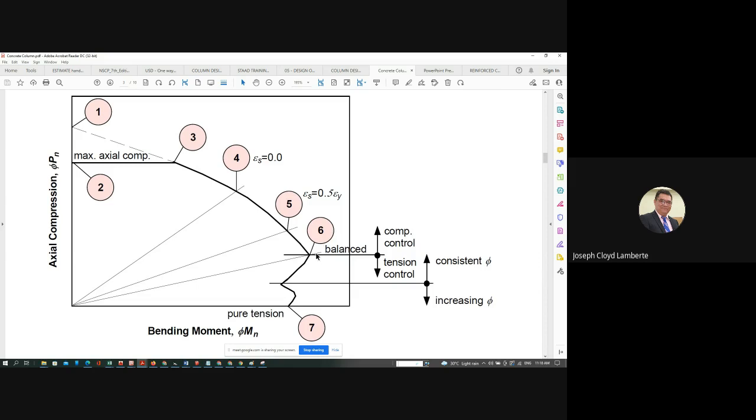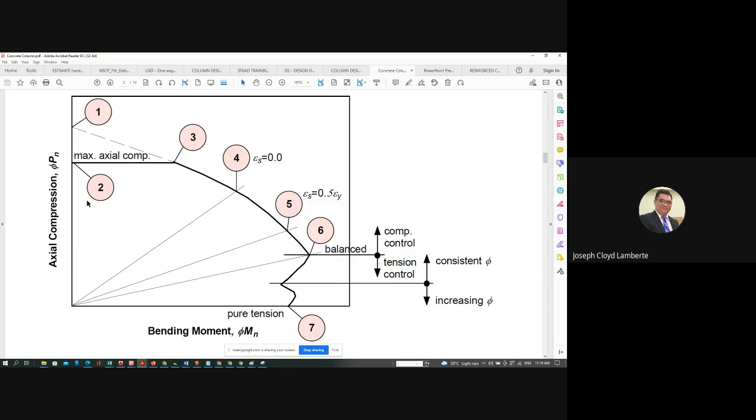Beyond our balance condition, tension controls. The consideration of tension is bigger compared to compression.